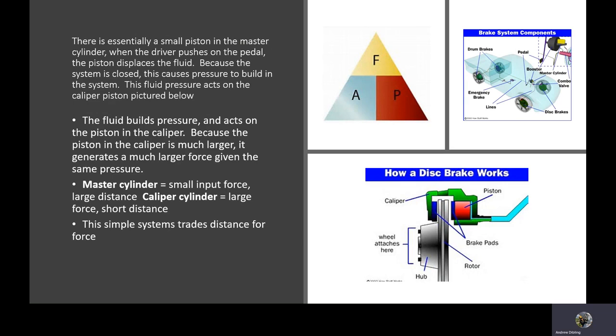Okay, so here we have the first basic triangle. Force is equal to area over pressure. So if I'm looking at this particular system right now, here's a small piston in the master cylinder. The small piston in the master cylinder is acted upon by your foot, which pushes on a long rod. That rod multiplies the force by using the length of the moment arm and the very small master cylinder.